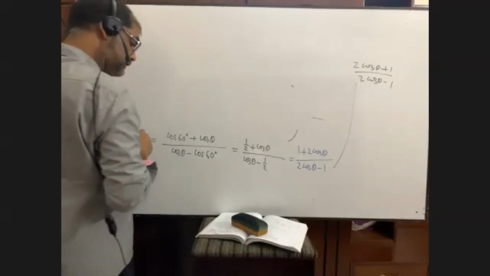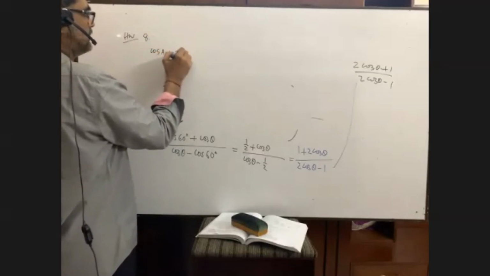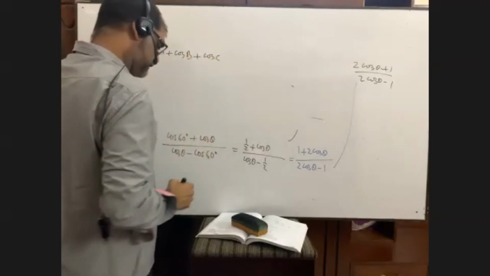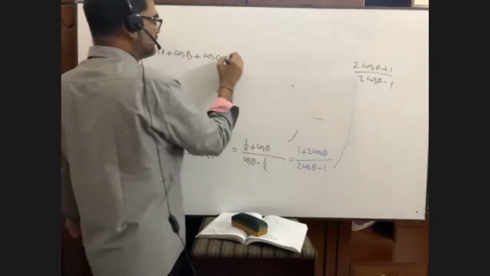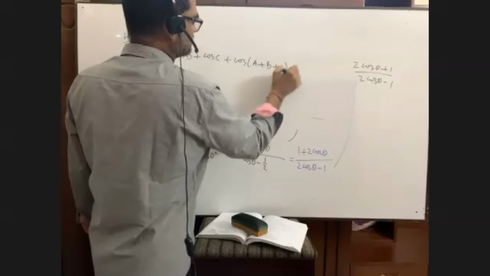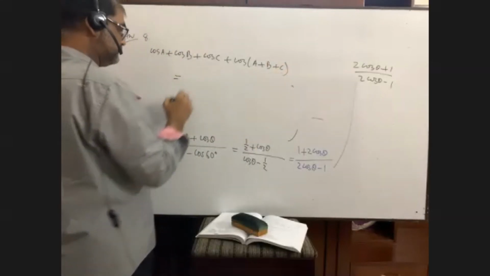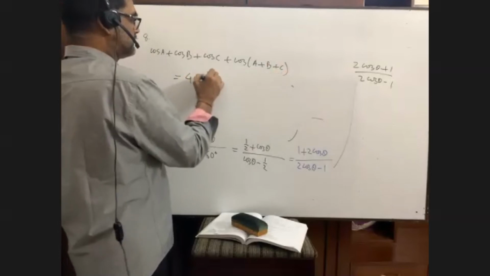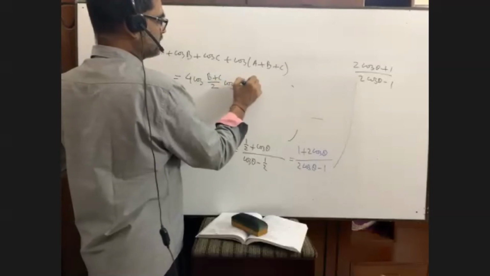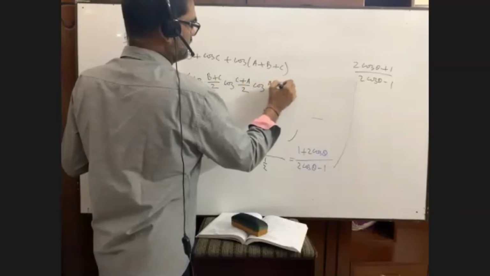Homework, question number 8. Cos A, cos B, cos C. Cos of A plus B plus C is equal to, you have to prove that, 4 cos B plus C by 2, cos C plus A by 2, cos A plus B by 2.